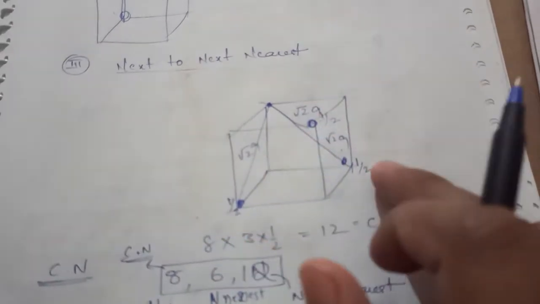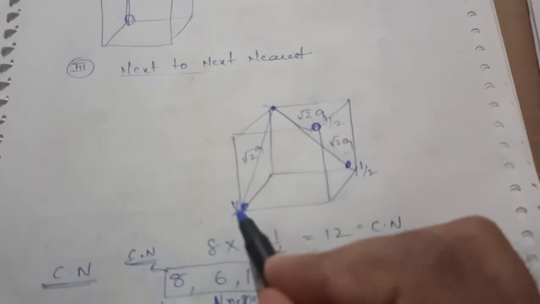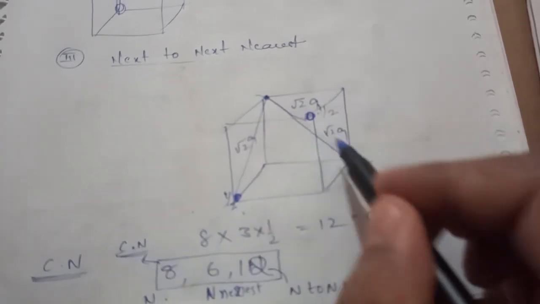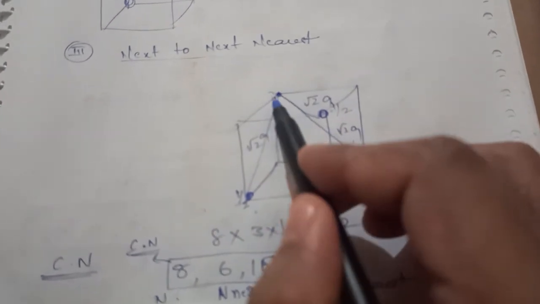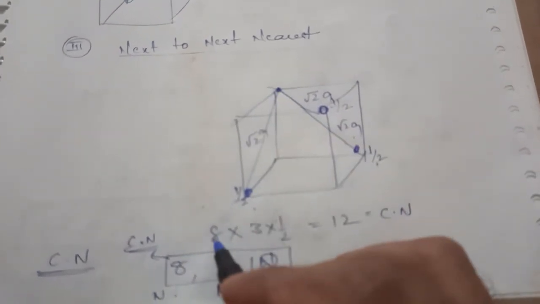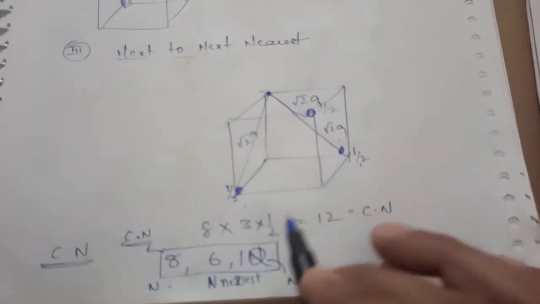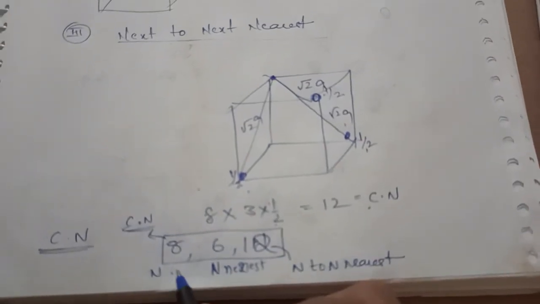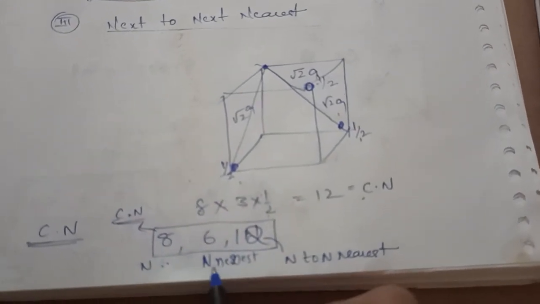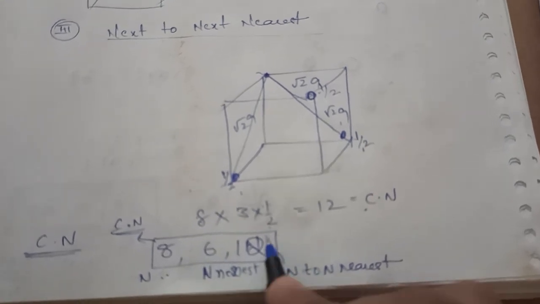When it is sharing among 2 unit cells, the contribution will be 1 by 2. How many are there here? 1, 2, 3. So 3 into 1 by 2, and this atom is sharing among the 8. Then 8 into 3 into 1 by 2, so the coordination number is 12. So overall the coordination number for the nearest is 8, next nearest is 6, and next to next nearest is 12.